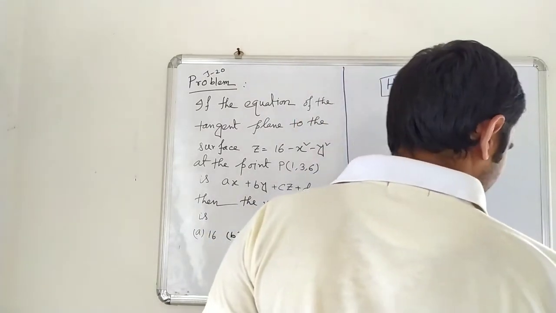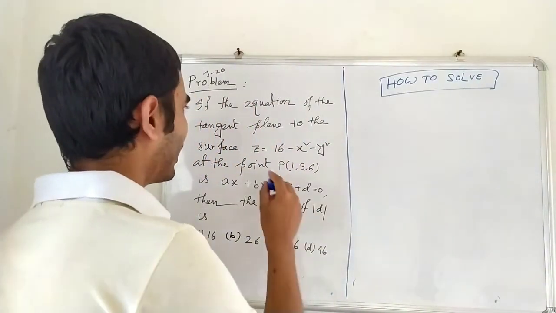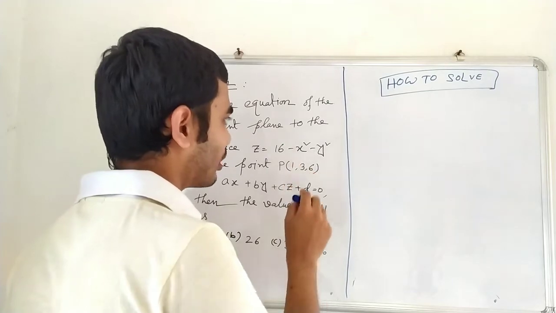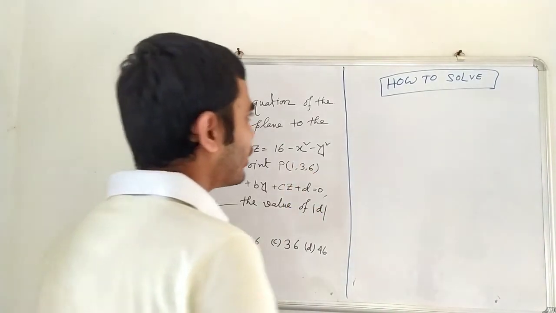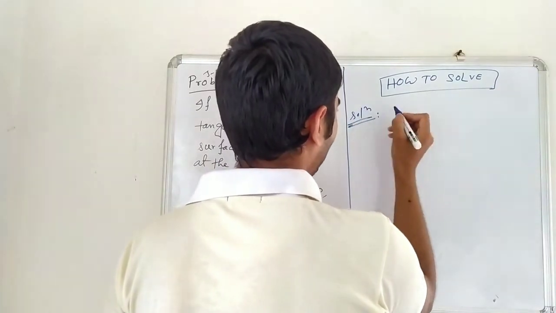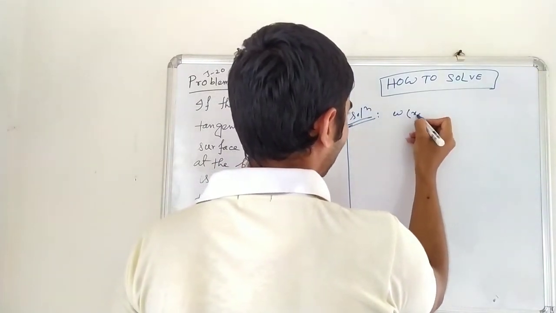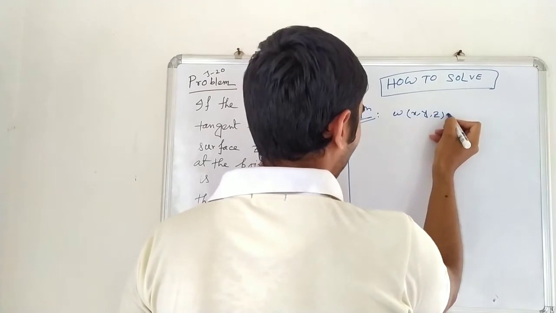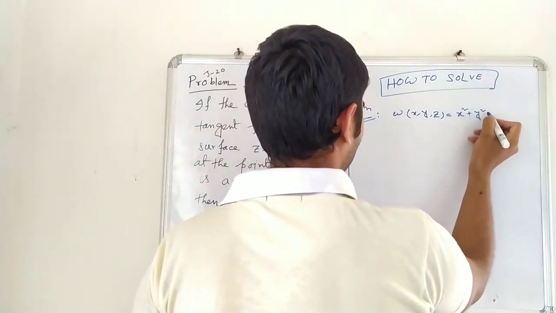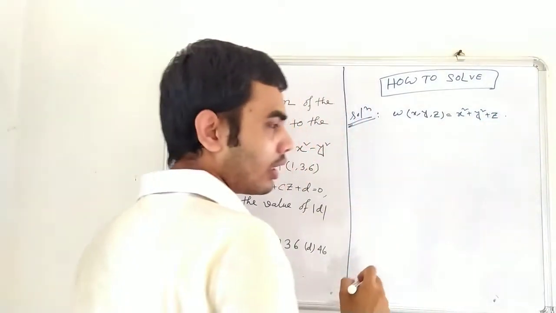Now our surface equation is z equals 16 minus x square minus y square. So now we introduce a new variable w, which is a function of x, y, z equal to x square plus y square plus z. Clear?